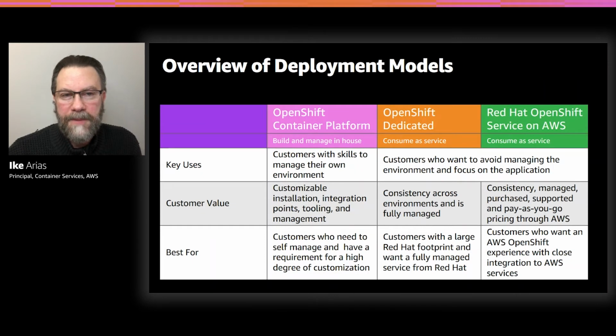ROSA is a new option for people who want to consume OpenShift on AWS in the same way they consume other AWS services. It's similar to Dedicated in the sense that it's a fully managed offering, but it introduces some important changes driven by feedback that we've got from customers.